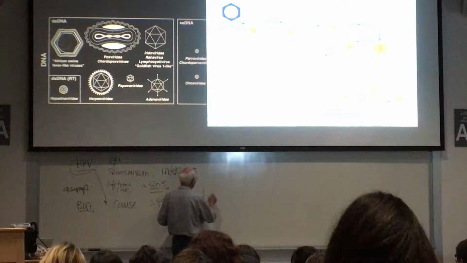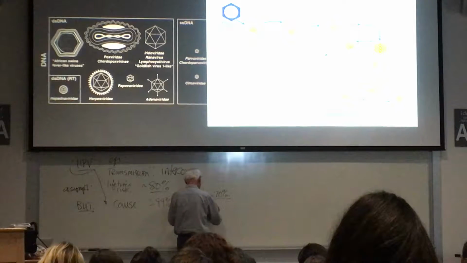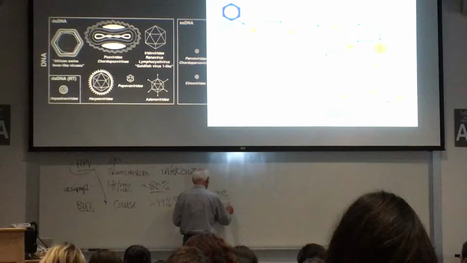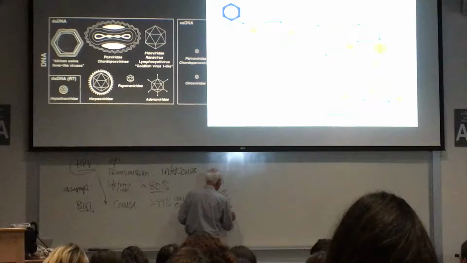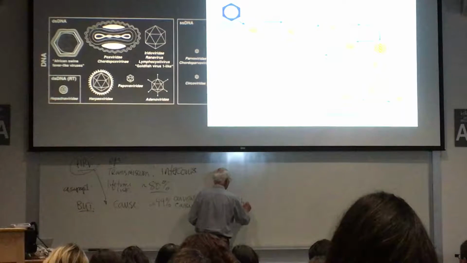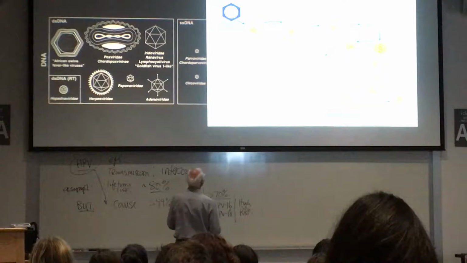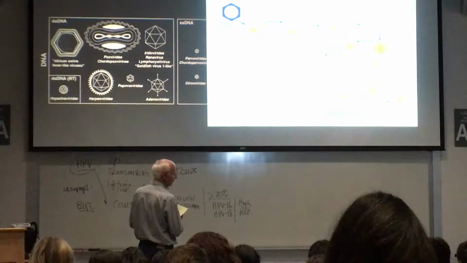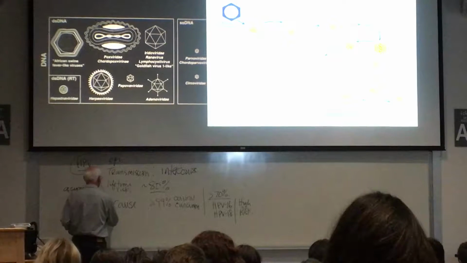And in the US, greater than 70% of the cervical carcinomas are caused by HPV 16 and HPV 18. So these are high risk. The oncoproteins of 16 and 18 are very efficient in inactivating RB and P53.